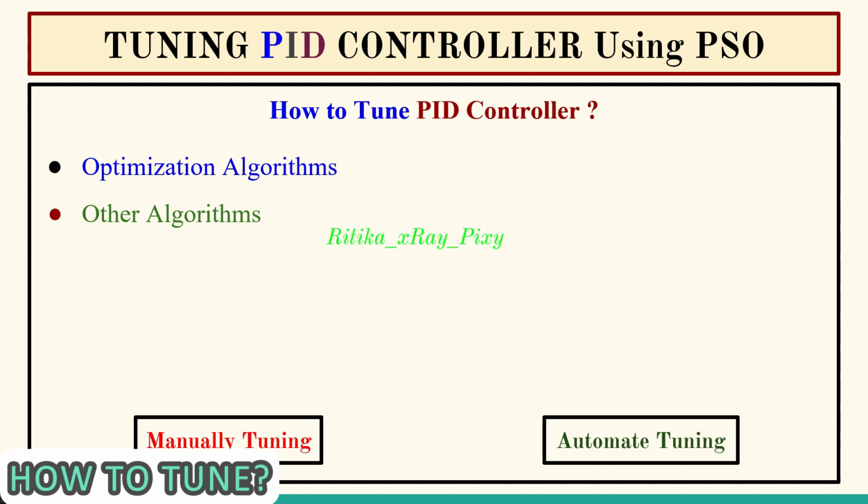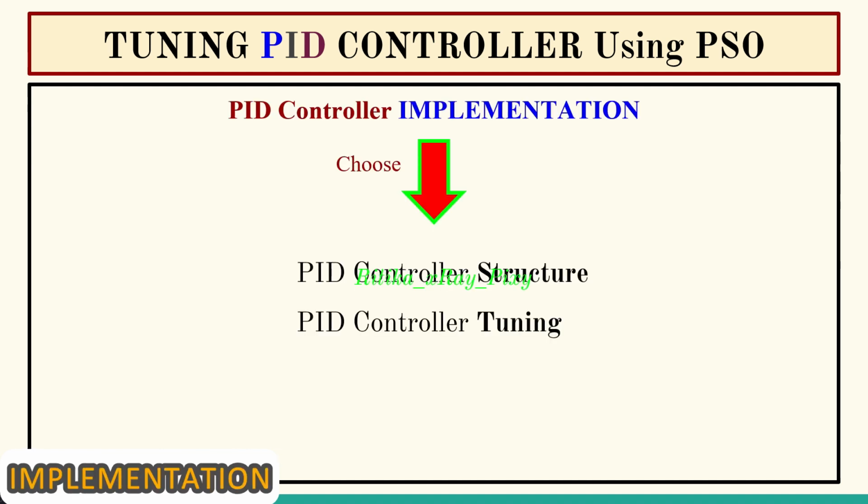Here the PID controller continuously calculates the error as the difference between the desired set point and the measured process variable, and applies correction based on three terms: proportional, integral and derivative. Next we have PID controller implementation. We will see how we can implement a PID controller. First we will choose the structure of the PID controller.